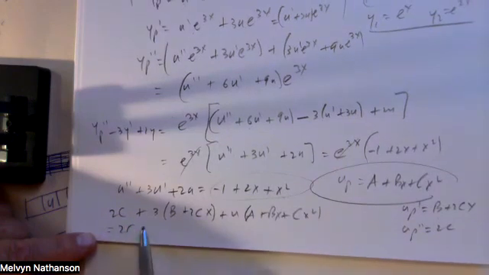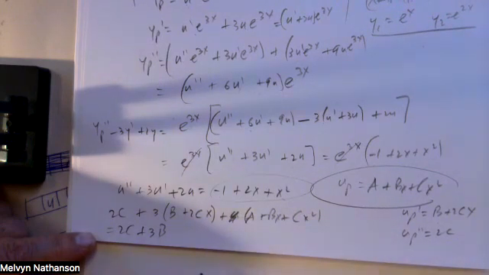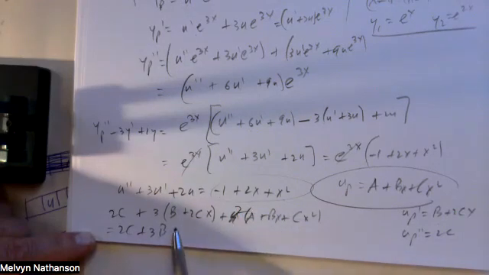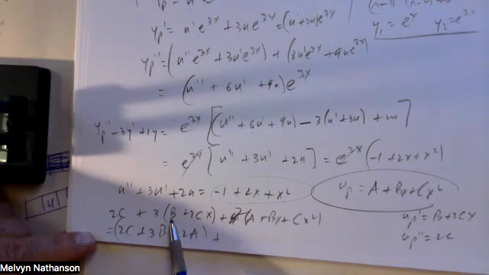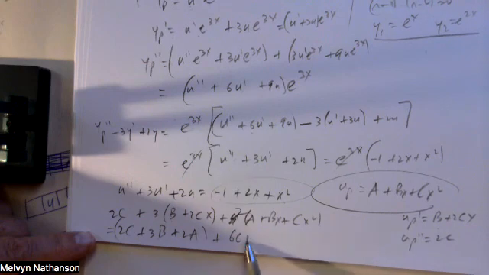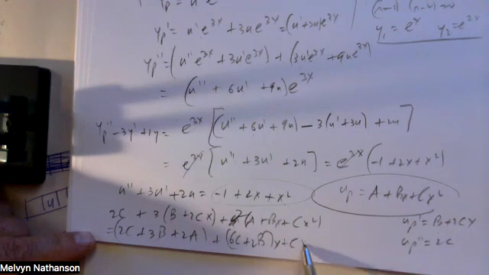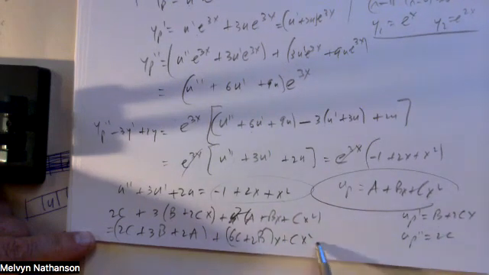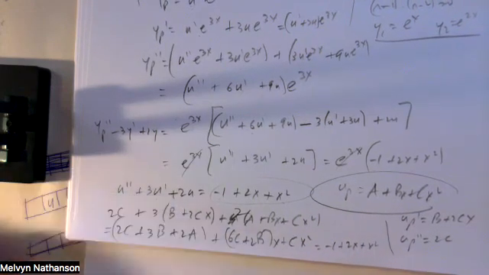So this is 2c plus 3b plus 2a, that's my constant term. The coefficient of x is 6c plus 2b, and then cx squared. And that's supposed to equal minus 1 plus 2x plus x squared.